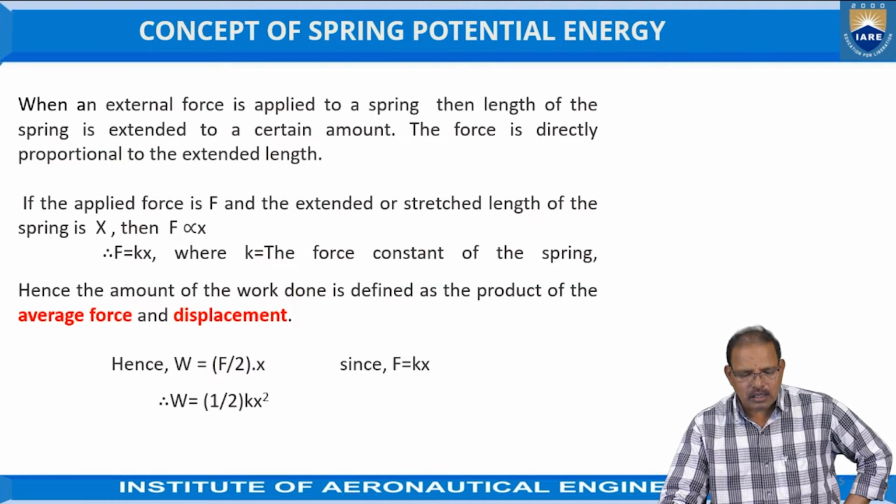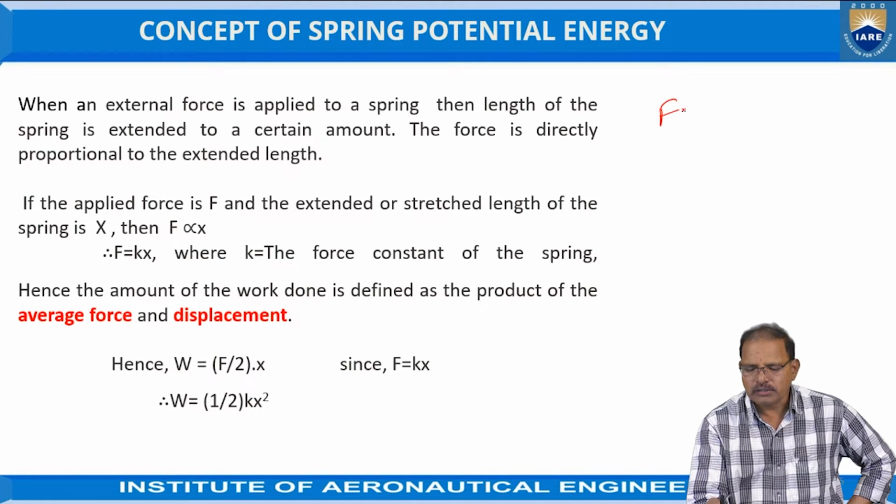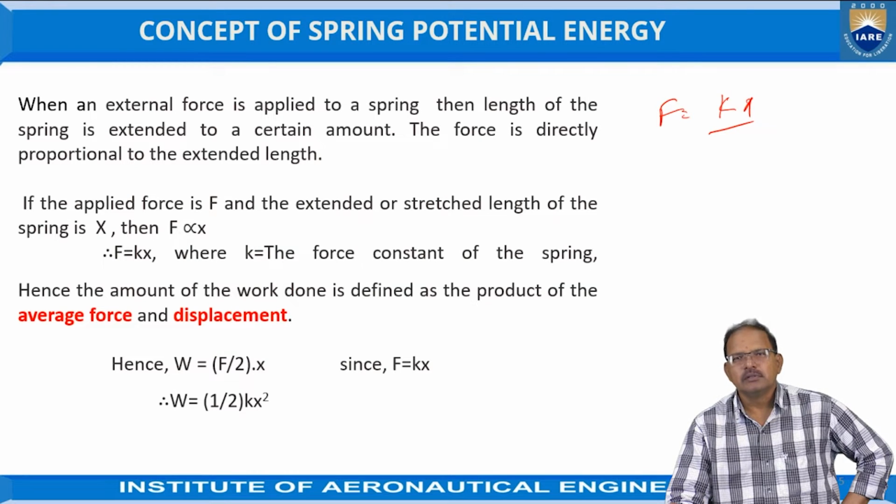The amount of extension is directly proportional to the force applied. Hence, the force is given by F equal to k into x, where k is the spring constant and x is the amount of spring extension or stretched length.